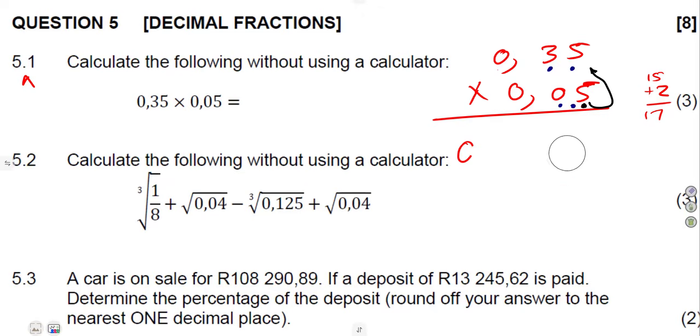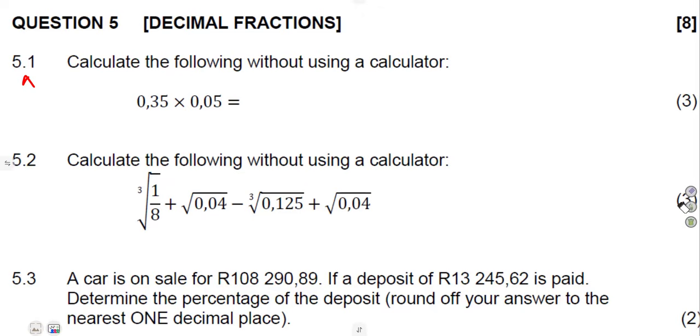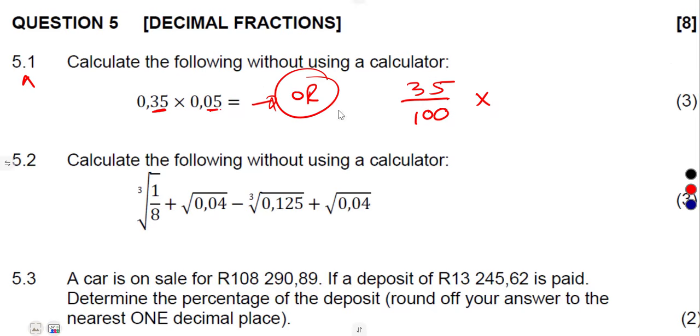Okay? Or we could have expressed these numbers as fractions. 0.35, 2 decimal places. So that is 35 over 100. All right. Same with this one, 2 decimal places. So the whole number is 5, 5 over 100. We multiply as we use our fractions.